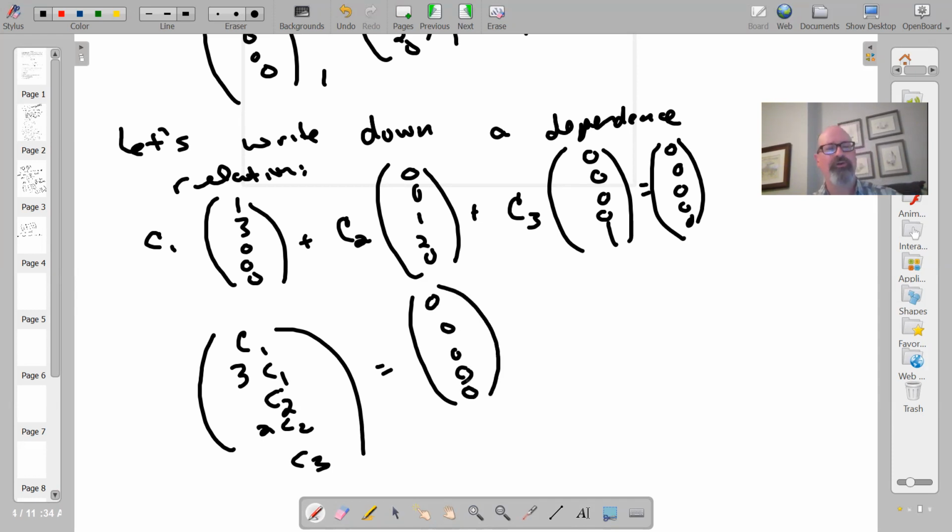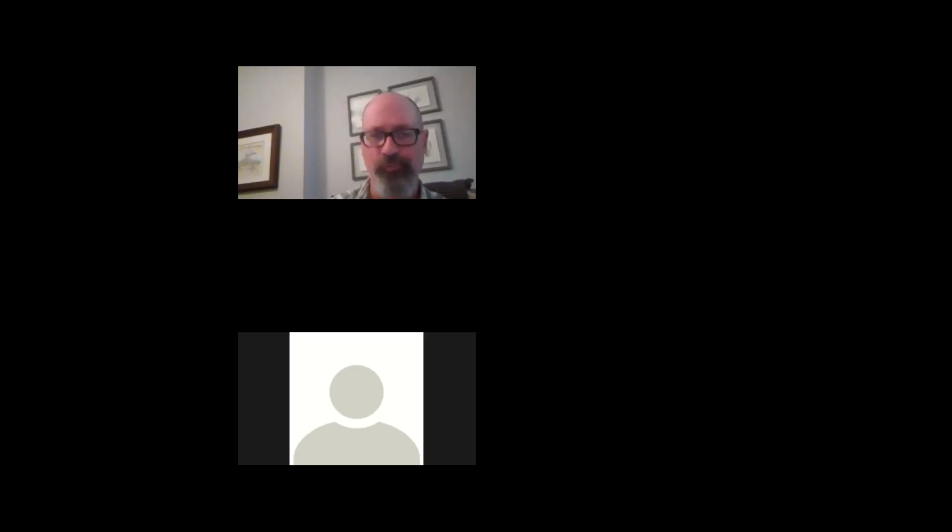Now, the reason why you're getting a pattern of coefficients that looks like this has everything to do with the fact that the matrix is in reduced row echelon form. When you stare at the form of the matrix, if it's in reduced row echelon form, you immediately know that all the coefficients are equal to 0 in this example because of the structure.